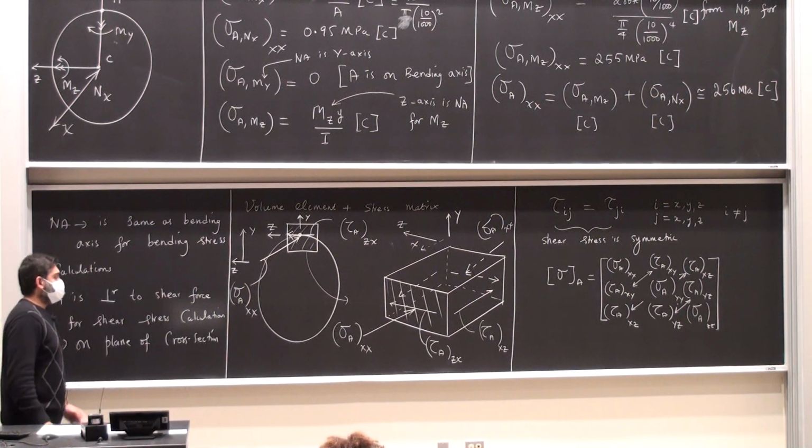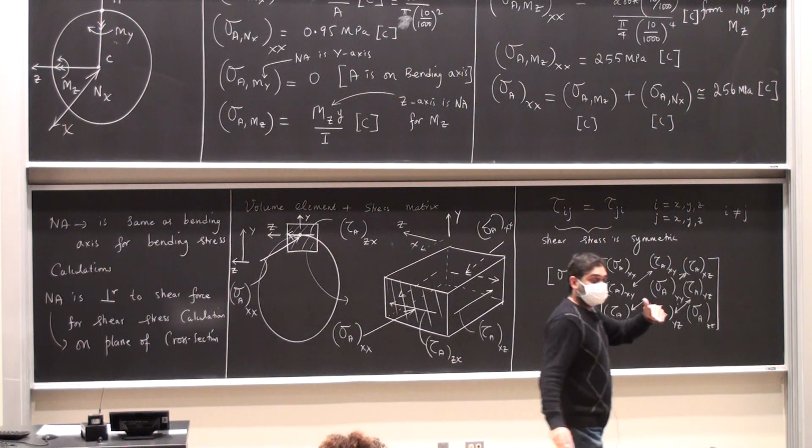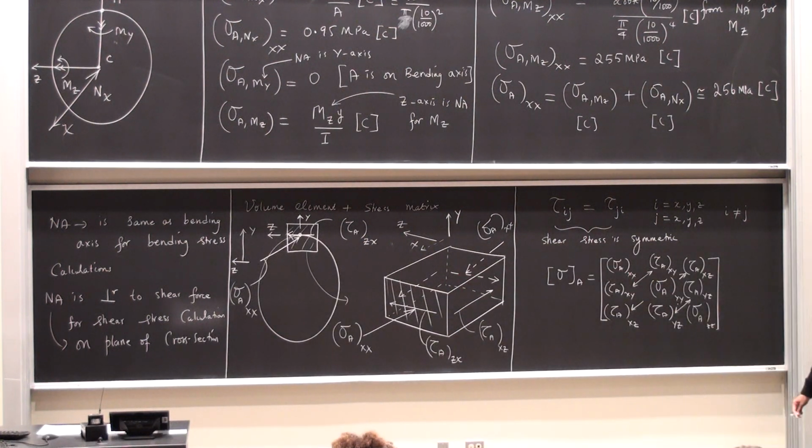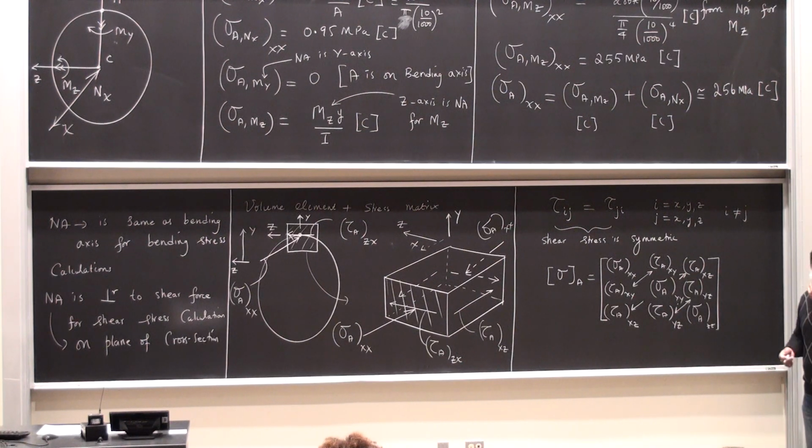Sometimes it will so happen that there will be no shear stresses, you will have only a diagonal which will be composed of the bending stresses or the normal stresses, that becomes a diagonal matrix. Computations are much more simpler that way. Storing of information is much more efficient that way. For us, I don't have any sigma A in the YY and the ZZ, so they cancel off.